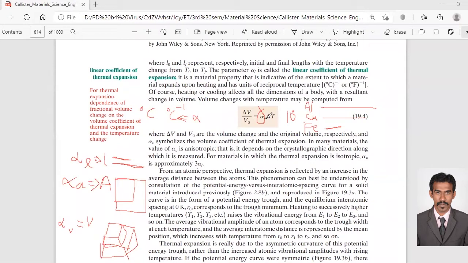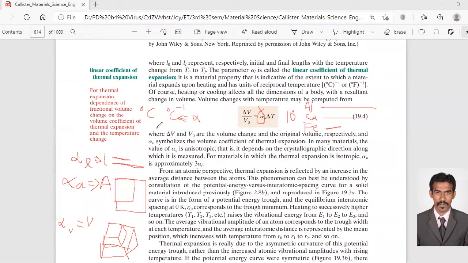If it is the area coefficient, then delta A upon A naught equals alpha A into delta T, where A indicates the area. So you can compute the value of delta L, delta A or delta V by putting values in this formula.